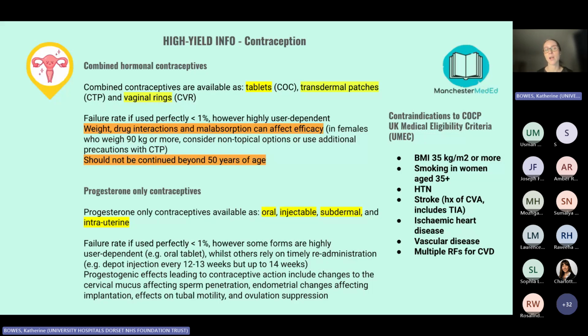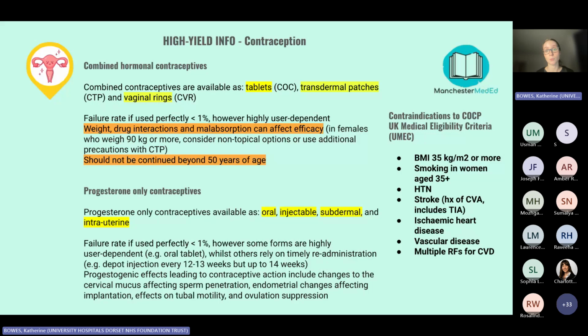Things to be aware of with the combined pill, I would say, is that weight and drug interactions are particularly important. If someone has a higher weight, first of all, that might be a contraindication to having the combined pill, but they might also not be suitable for the transdermal route. In terms of interactions, there are lots of interactions that will make the combined pill less effective, which I will signpost later in the slides.